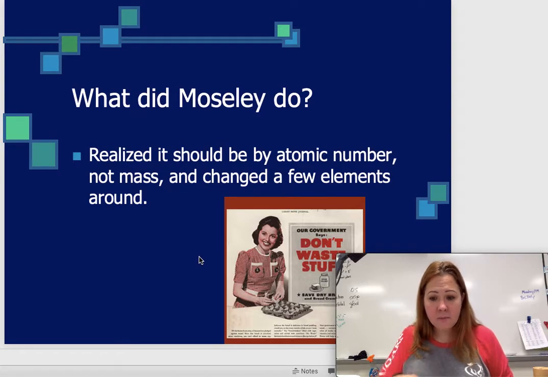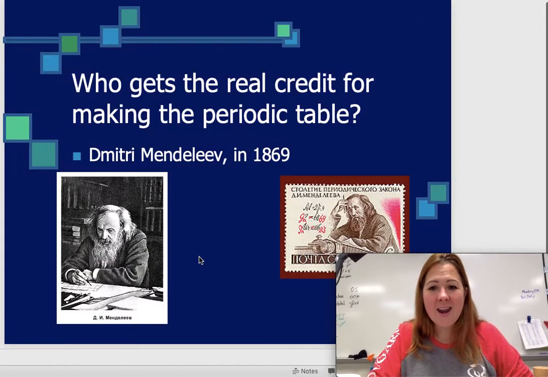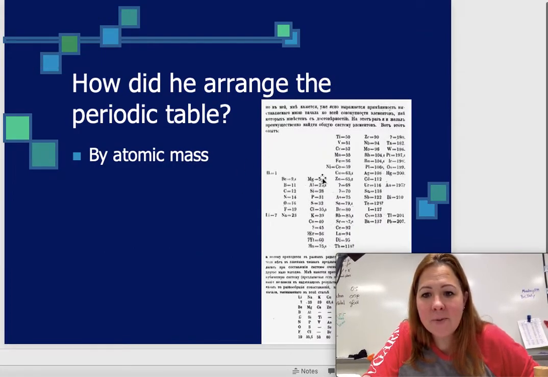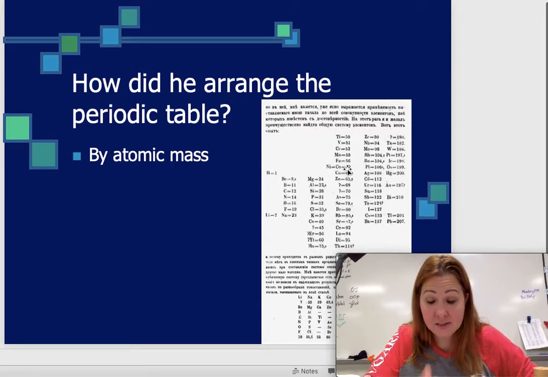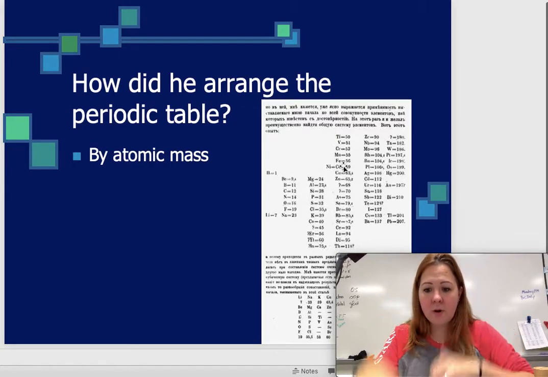Now on the periodic table that Mendeleev did, again, I'm going to go back real quick. And as we go back on the periodic table, nickel and cobalt right here both have a mass of 59. So because they both had a mass of 59, there was no distinguishing way of putting one before the other one.